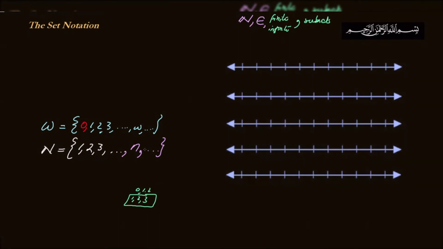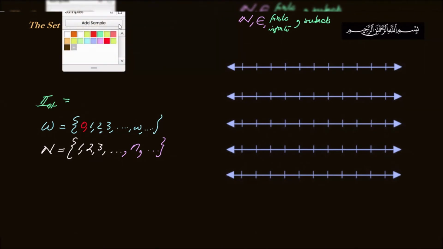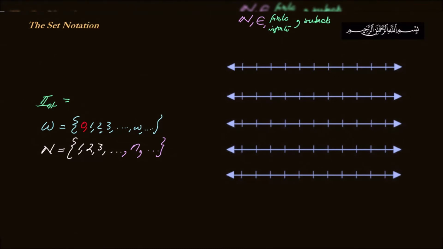When I'm writing integers, I typically just write it like this, int. But there is a symbol popularly given to the set of integers, and the symbol is this, the capital letter Z. Now, why Z?